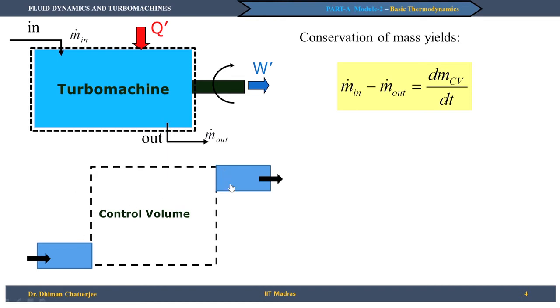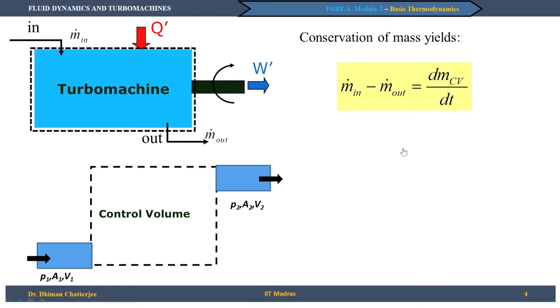And we can say that the pressure, the area of the interface and the velocity are given as P1, A1, V1 at the inlet and P2, A2, V2 at the outlet.